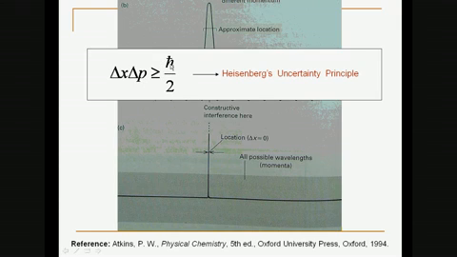Here h bar is the Planck's constant divided by 2 pi. This basically tells us that if we have large delta x, we have small delta p, and vice versa. Or if you go to one of the limits, let's say where delta p is 0, then we get delta x to be infinite, which means that we have no idea about where the particle is if we know its momentum.